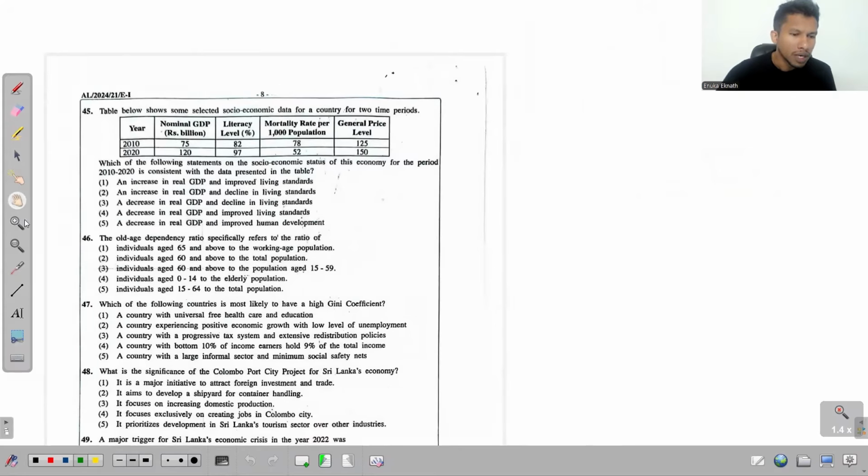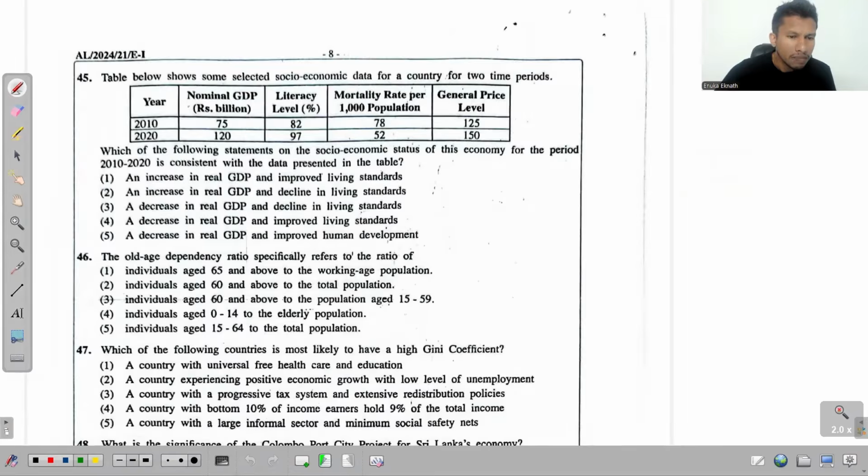Right, so in question 45, we get a table, and this table shows some selected socio-economic data of a country for two time periods. We get the years 2010 and 2020, with nominal GDP, literacy, mortality rate, and general price level. So let's see what has happened between these two years. Nominal GDP has increased.